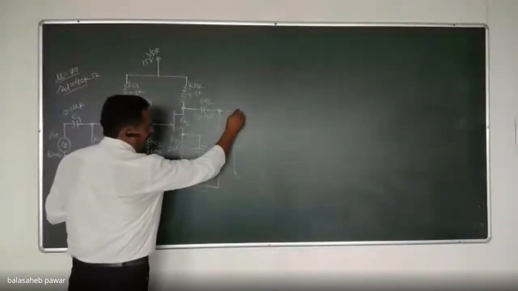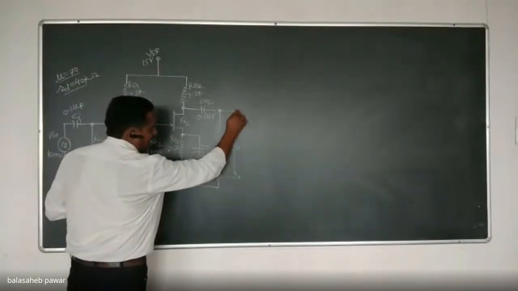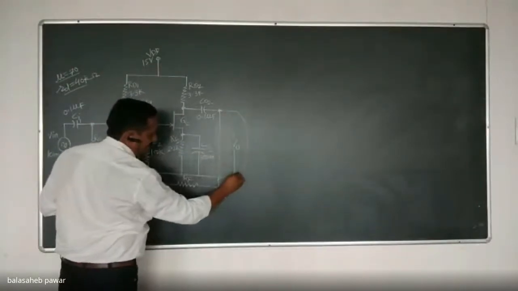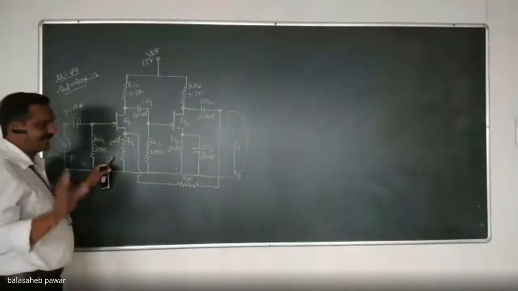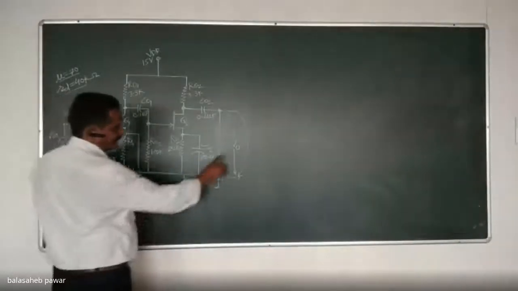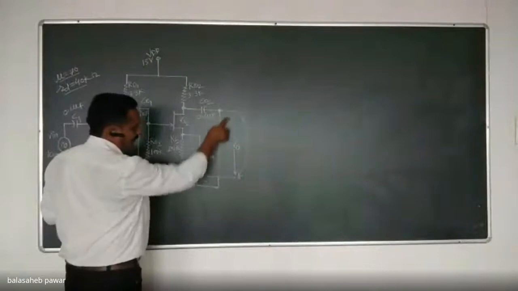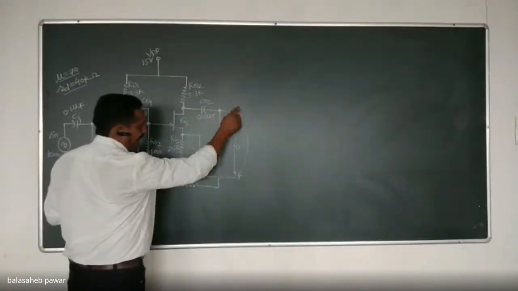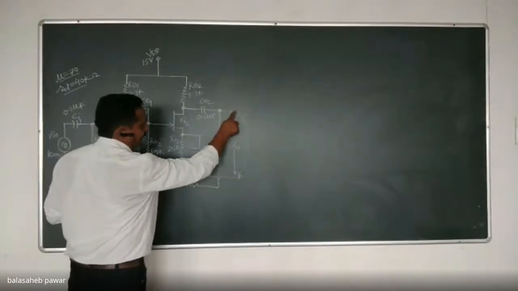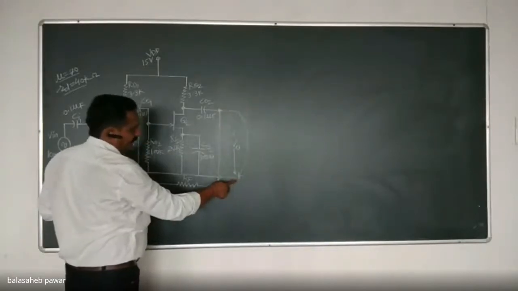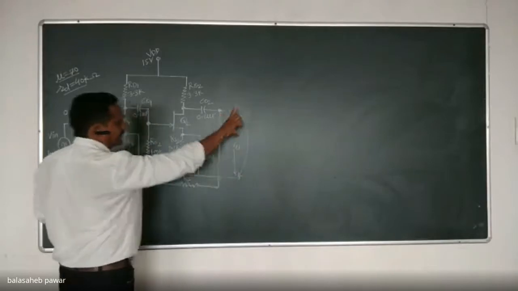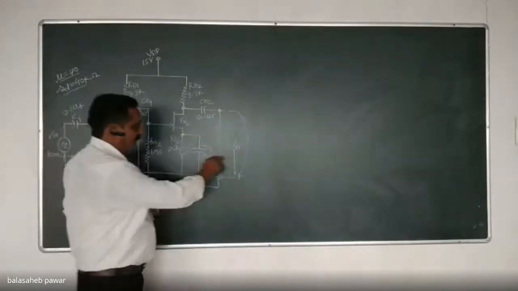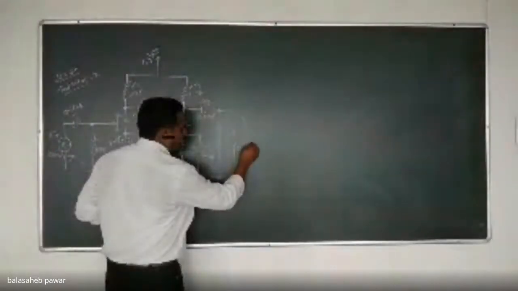What I will do is take this terminal and ground it like this. Agree? I will provide a short circuit to the output terminal with ground. That means I will take one wire, connect it over here and ground it, so that I can say the output side is short circuited. Whenever it gets short circuited, how much will the output voltage be? It will become 0. Are you agreeing up to here?